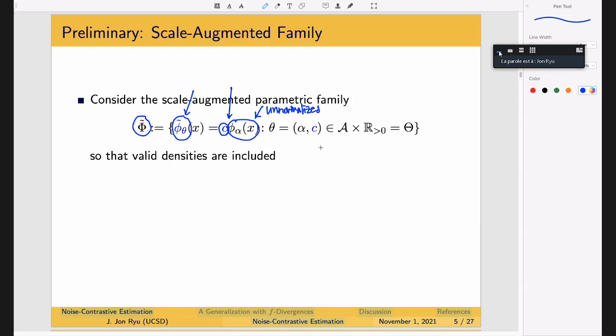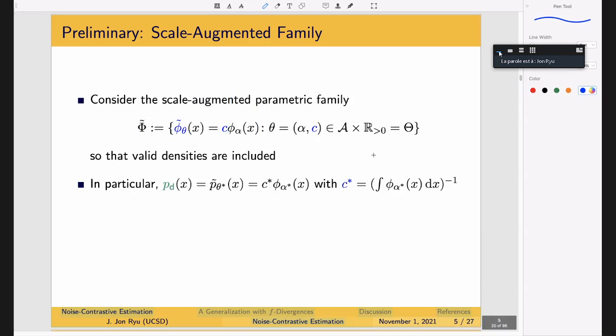For example, if you choose c to be the inverse of the normalization constant of phi alpha, the integral of phi alpha dx, then c times phi alpha is a valid probability distribution, right?